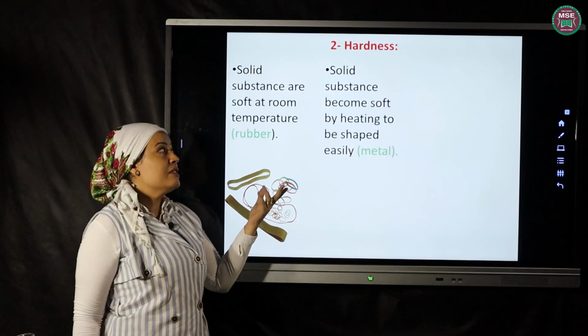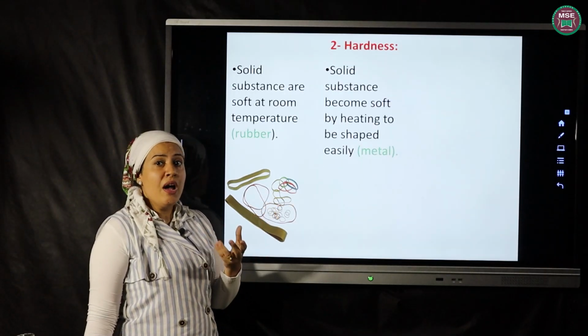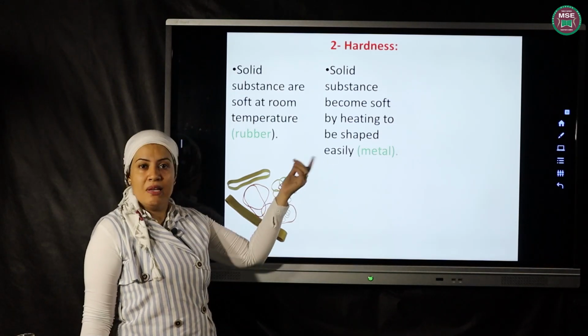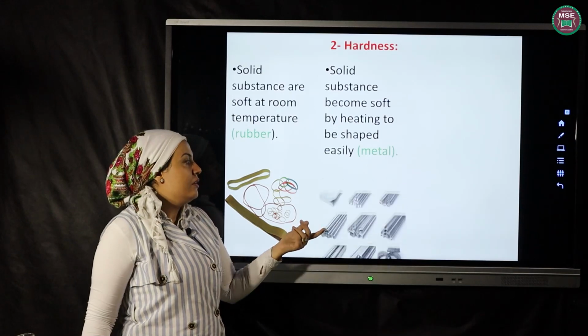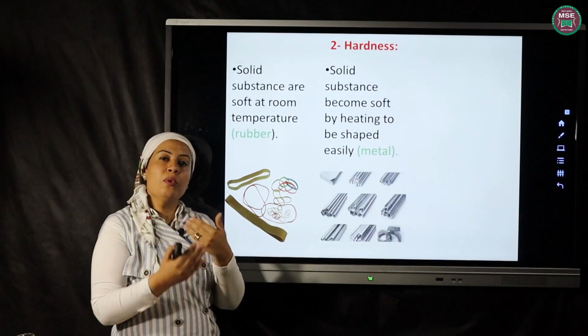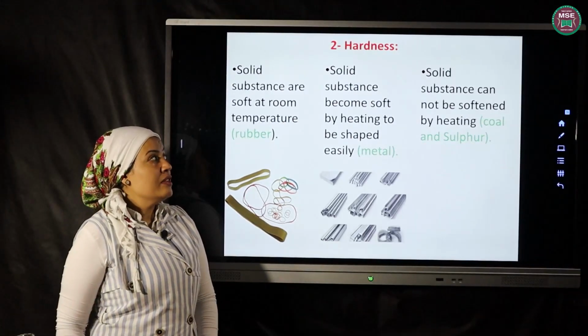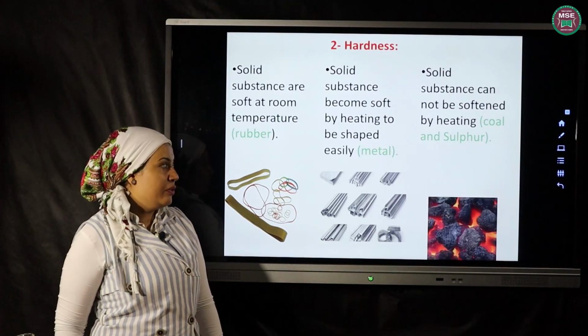And I have solid substances that become soft by heating. Why do we heat them? To be shaped easily, like the gold, like the iron, like the copper, all the metals. To reshape them, we have to heat them. And there are solid substances that can't be softened by heating, like coal and sulfur.